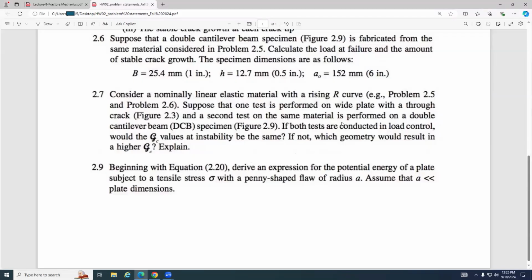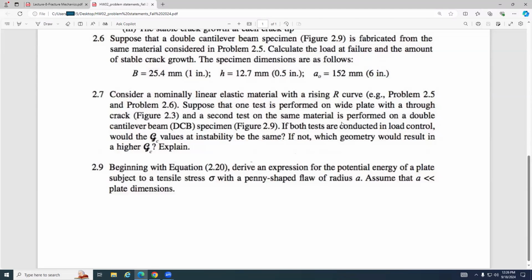Equation 2.20 is sigma f equals, for the penny-shaped flaw or crack, the square root of pi E gamma s over 2(1 minus nu squared) multiplied by a, the whole thing to the power of 1/2.